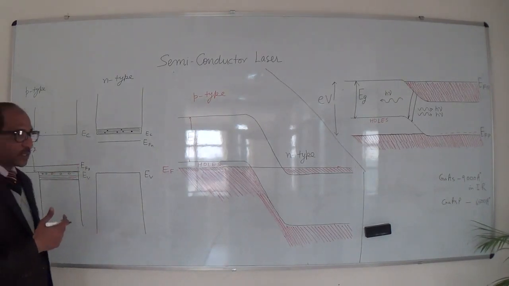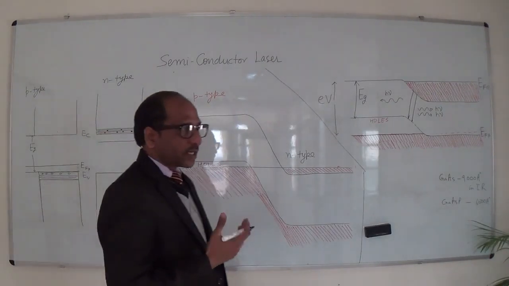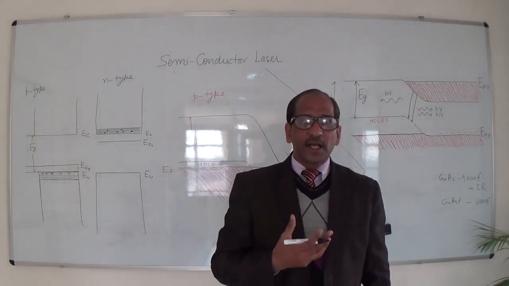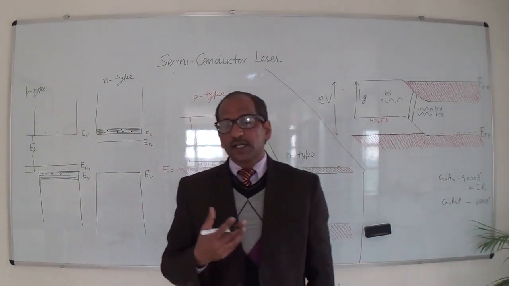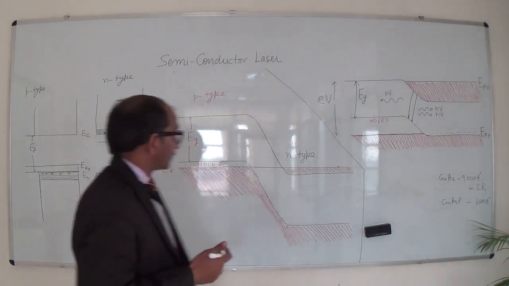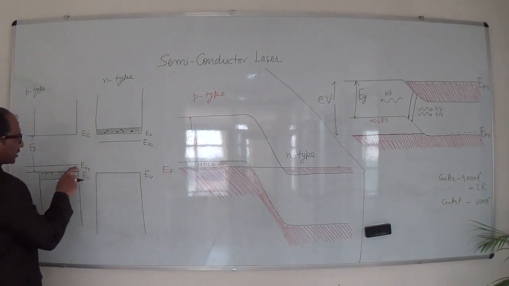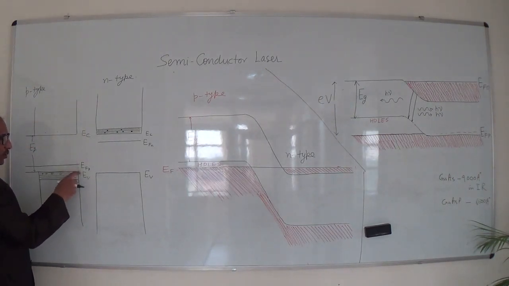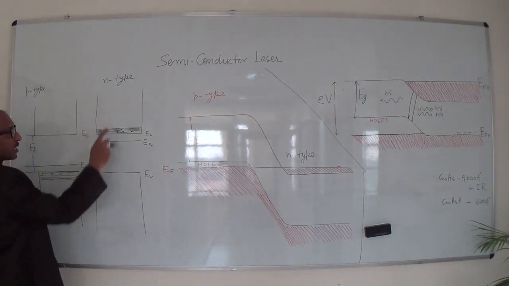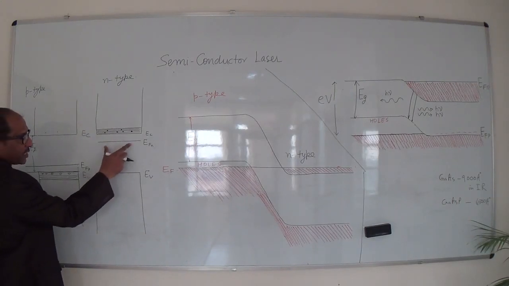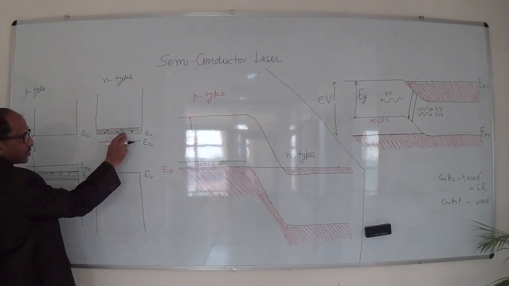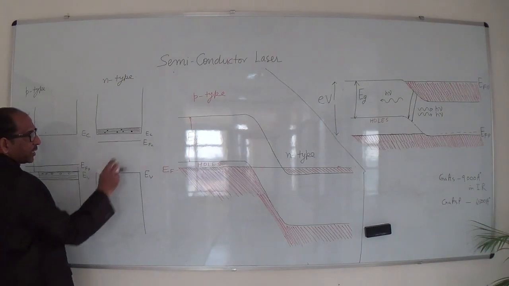The point is basically related to where the Fermi energy level lies in p-type and n-type semiconductor. In p-type semiconductor, the Fermi energy level lies just above the valence band. In n-type semiconductor, the Fermi energy level lies just below the conduction band.